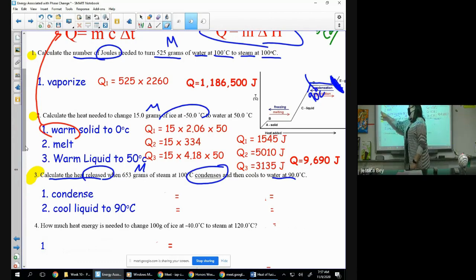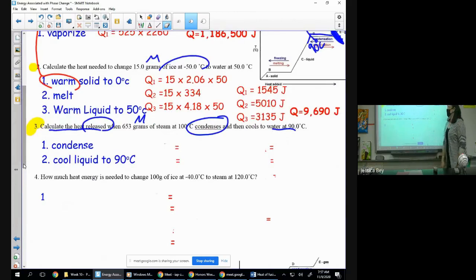Perfect. So the first one, I want to condense. Therefore, I know I need Q is equal to M delta H, 635 times 2260. That is my vaporizing or condensing one. Then Q2, I'm going to take MC delta T because I'm cooling.